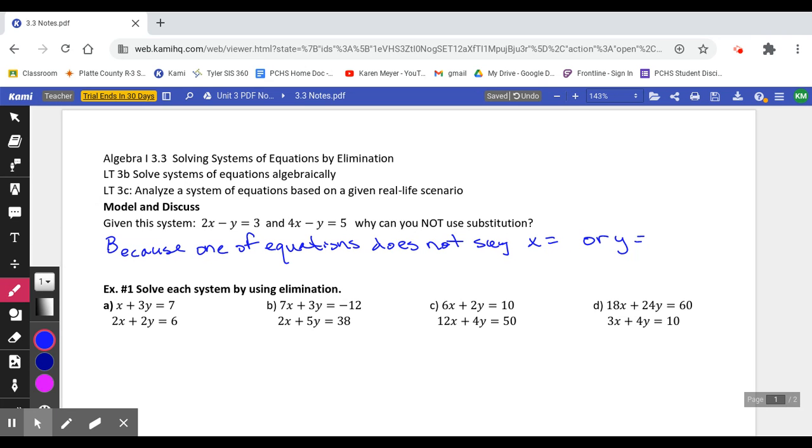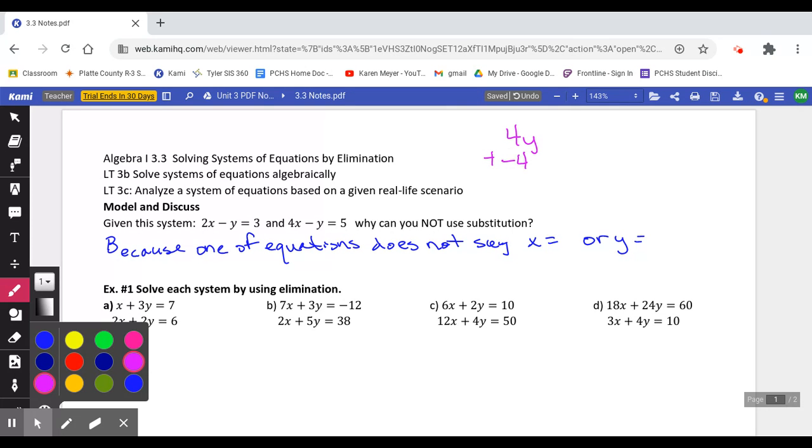So elimination gets its name because your job is to try to pick a letter to eliminate or get rid of. It doesn't matter which letter you pick, x or y, totally your choice. But let's just say if I wanted to get rid of a 4y, then what would I have to add to 4y to make it become 0y?